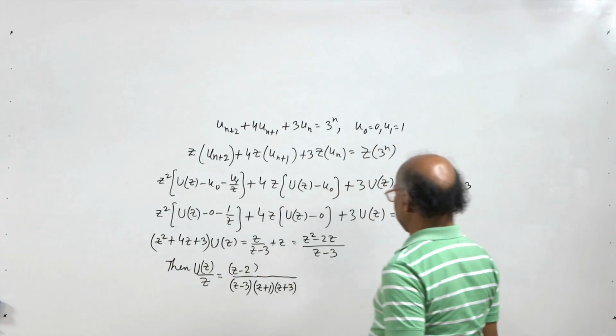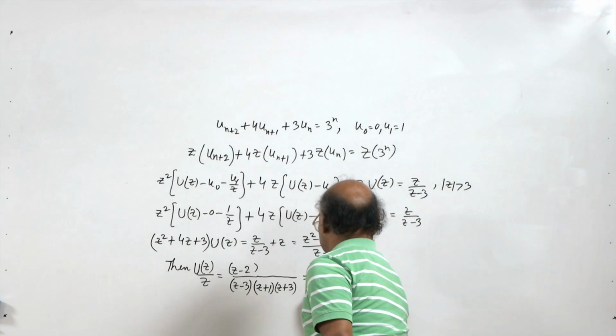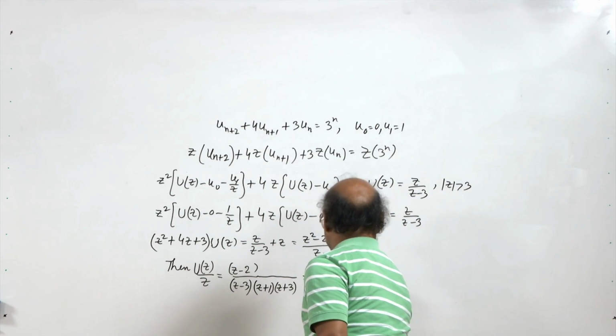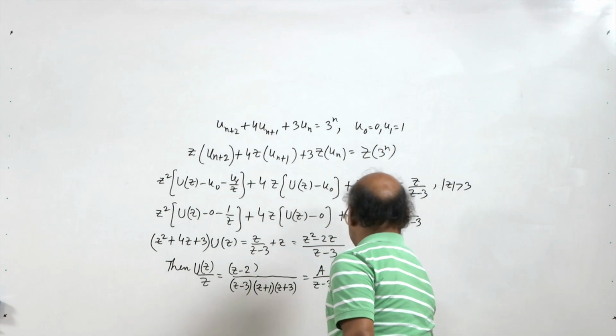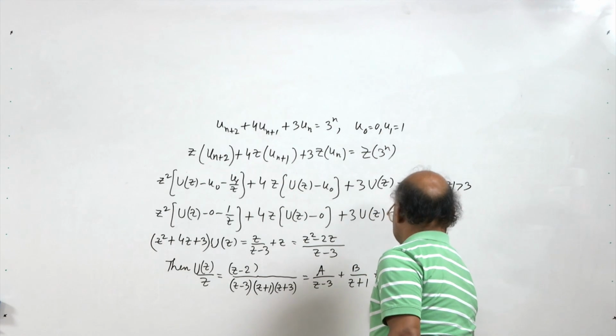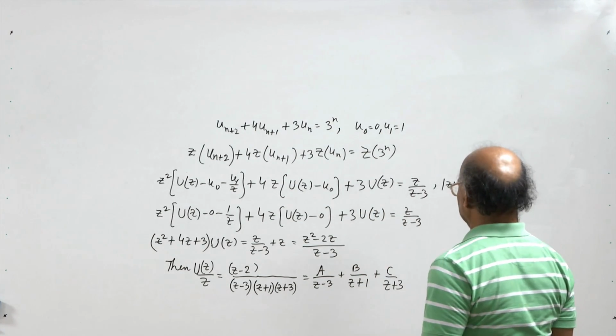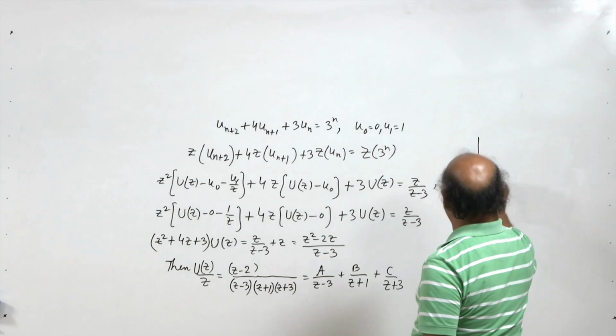So, U(z) by z, let us write it as A over z minus 3, B over z plus 1, C over z plus 3. The values of A, B, C can be obtained now.